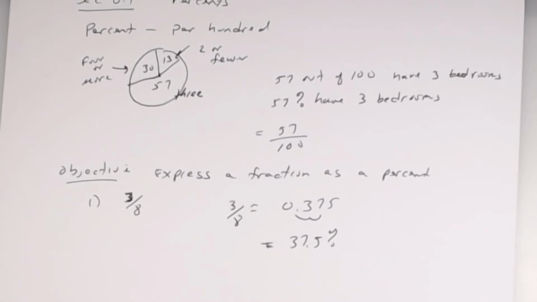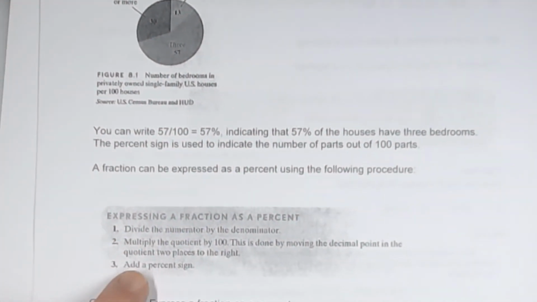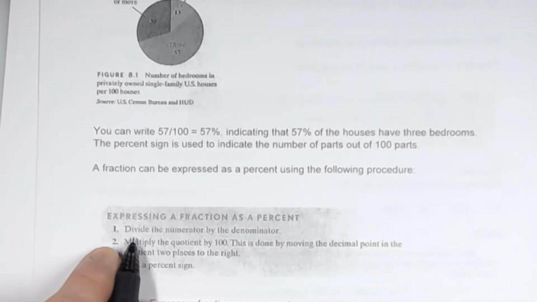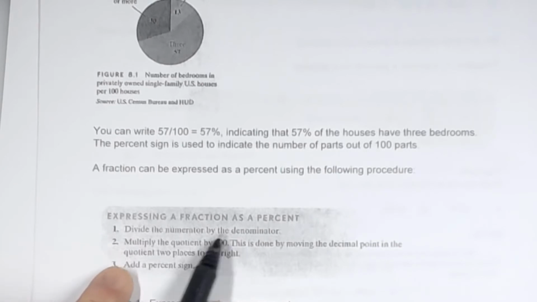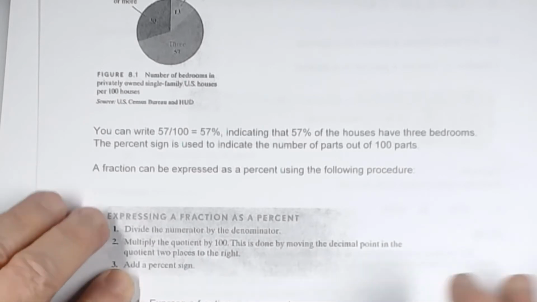So let's look at that gray area on that handout. It says expressing a fraction as a percent. The first thing you do, step 1, is to do what? Divide the numerator by the denominator. Okay? Then step 2 says multiply the quotient by 100, which means this, by the way.